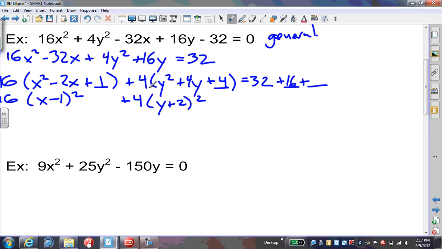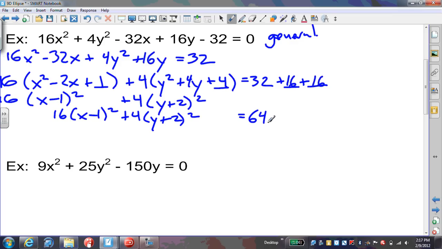And again, we have 4 times 4, which is 16 again. So I'm going to add those up, and we get 64 on this side of the equation. And we have 16 x minus 1 squared plus 4 y plus 2 quantity squared equals 64.